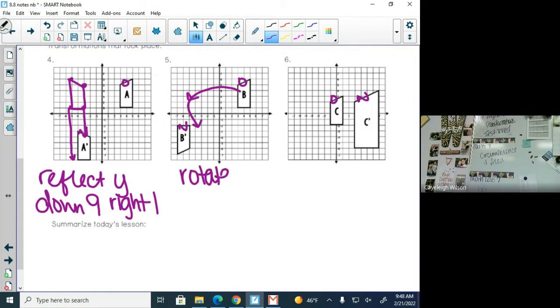So rotate 180. And when you rotate 180, that just changes the x and the y sign. So if this one is at 3, 1, my other one's going to be -3, -1. So it's like right here. So it looks like after I rotate, I still have to go left 2, down 1.